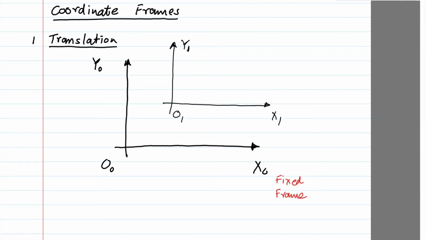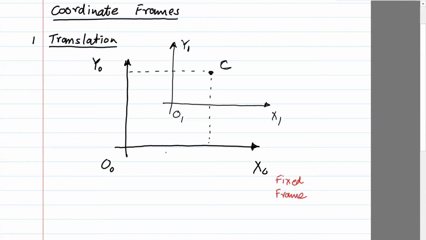So if there's a robot moving around, you want to describe the motion of the robot with respect to, say, one of the corners of the room or something like that. That's the fixed frame, the corner of the room. Okay, so let's say that there's a point C. And there are two ways to describe the position of that point. One is we can describe it with respect to frame 0.